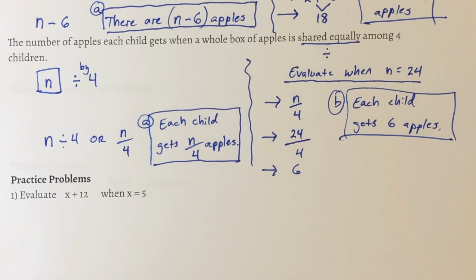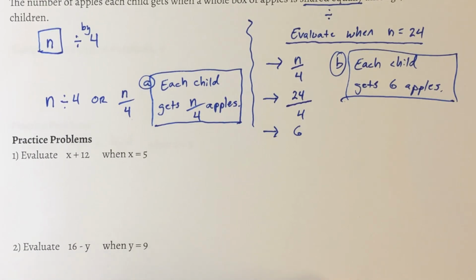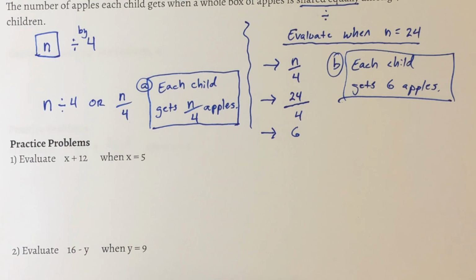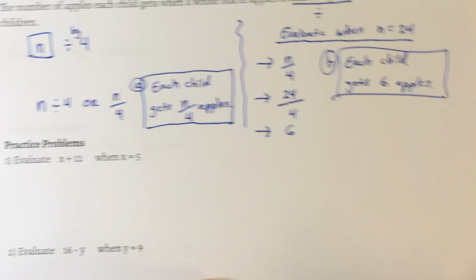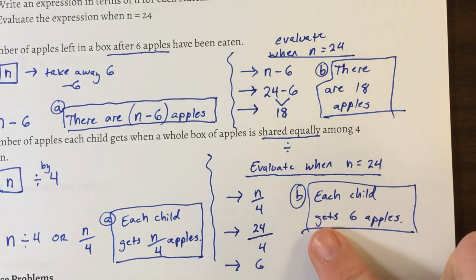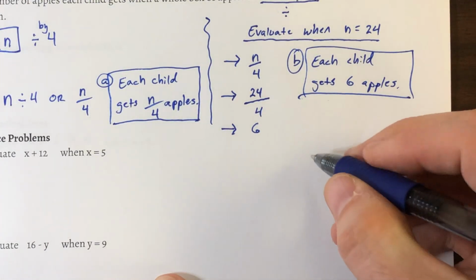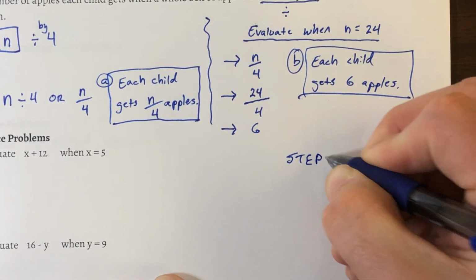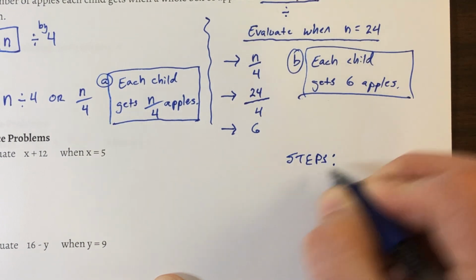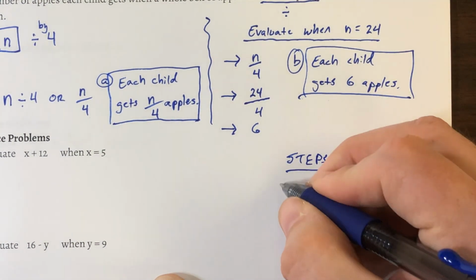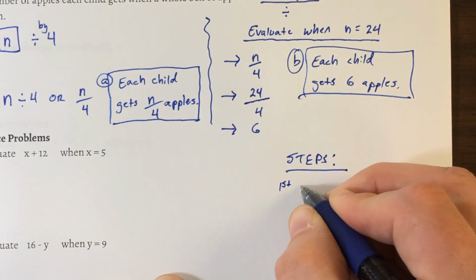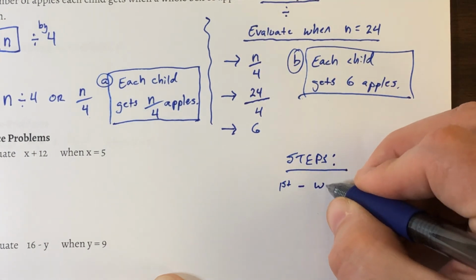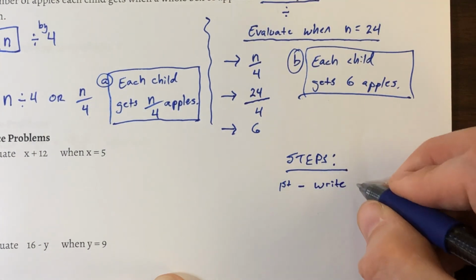All right, we're going to move into practice problems of evaluating expressions. I've kind of already addressed what the steps are, but I'm going to go over them again. So the steps for evaluating expressions are: first step, write your problem or write your expression.